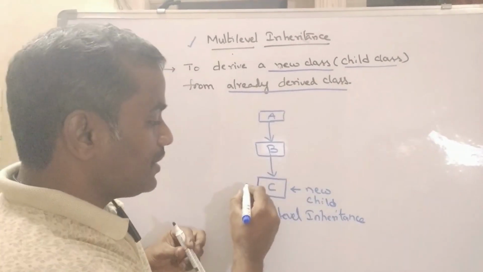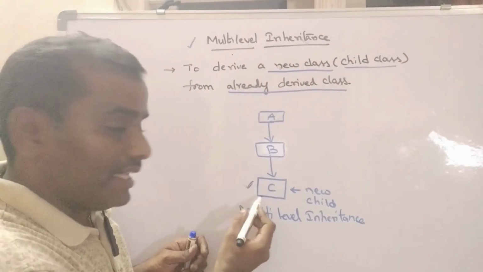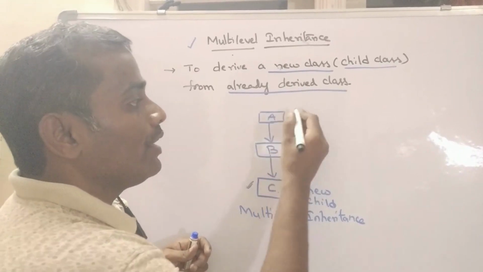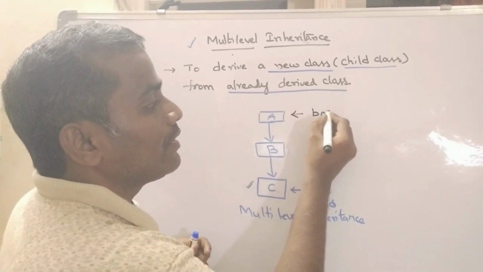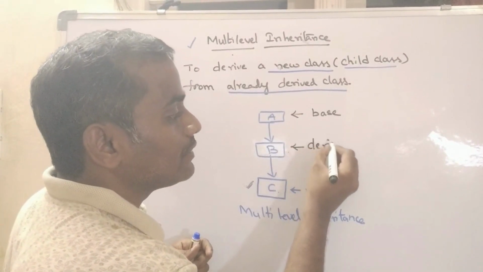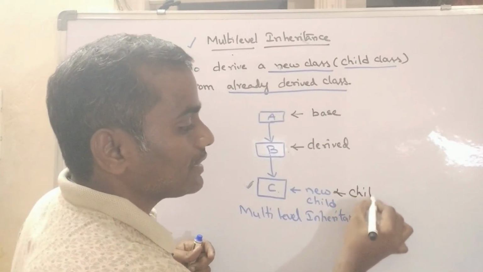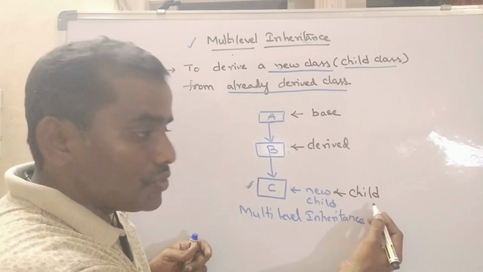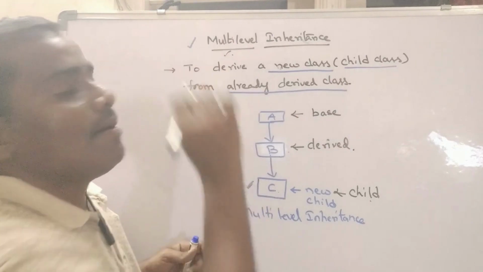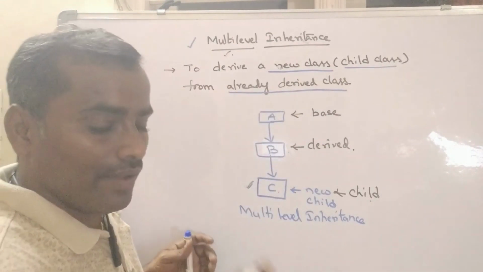Here C is the new class, the derived class, derived from an already derived class. Now A is the base class, B is the derived class, and C is the child class. I can derive a new child class from an already derived class; this is called multi-level inheritance. Clear?